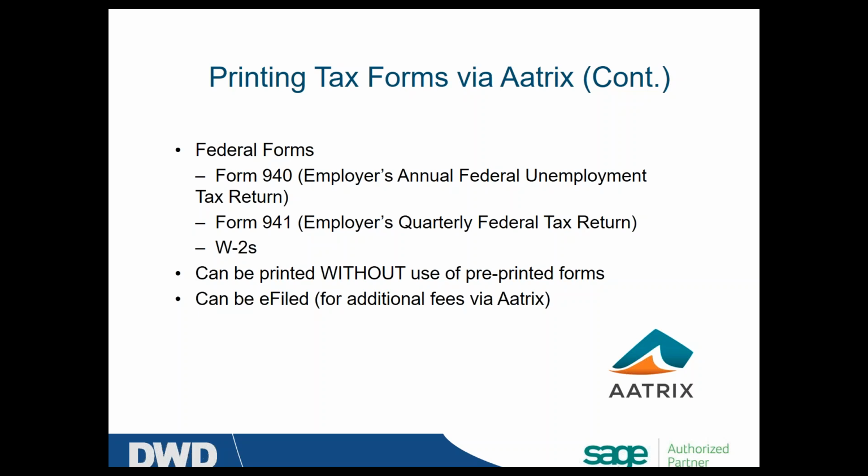Again, just to reiterate, the 1099 federal forms must be on red paper if you are going to submit those yourself. And of course, if you wish to e-file, by all means, we can help you with that and push that through Atrix, and Atrix will actually take on the responsibility. Once they get the file from you, they are responsible for getting it submitted timely, and if there are any issues, they will work it out with you.